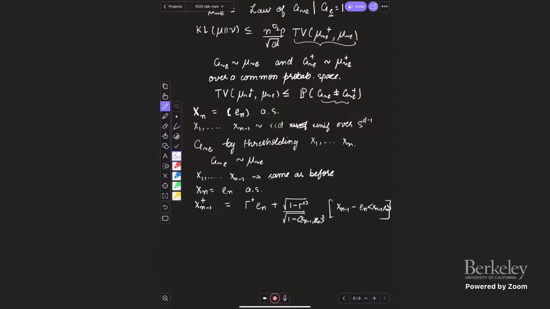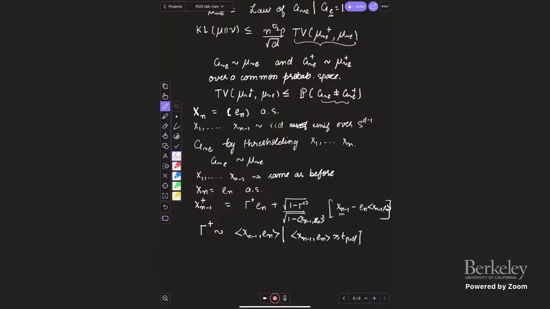Okay, we use this convention where we take x_{n-1}, where, I forgot to define the notation here. Here gamma plus is distributed as <x_{n-1}, e_n>, given that <x_{n-1}, e_n> is greater than or equal to t_{p,d}.